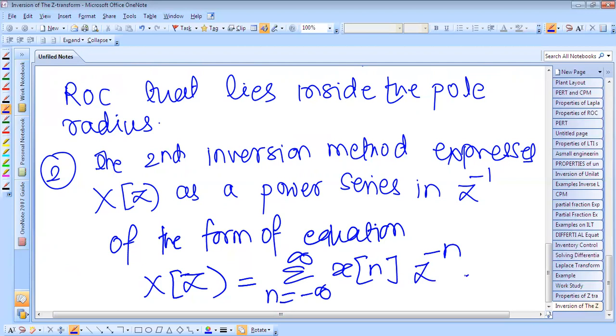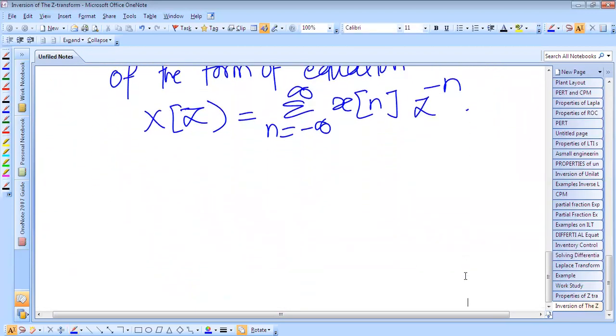So this is the second method, and now we'll go for the partial fraction expansion.